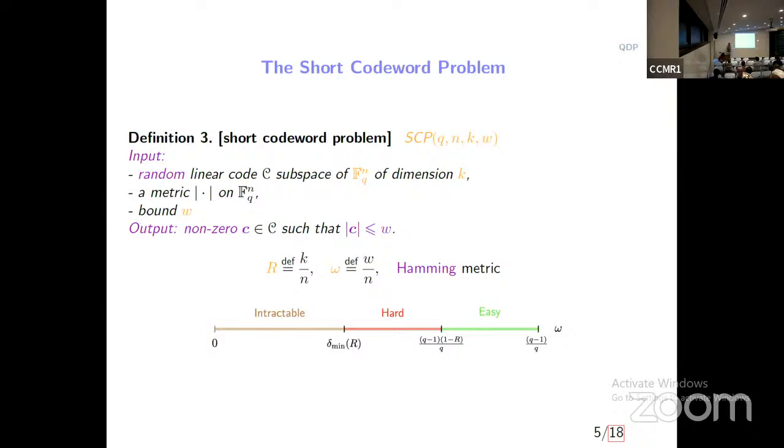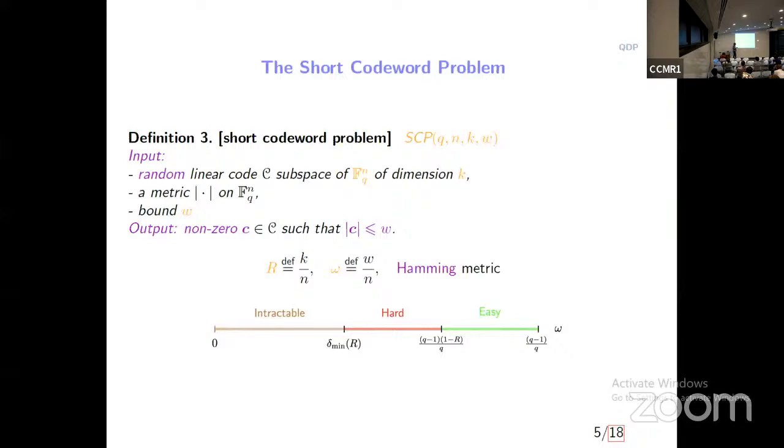By solving this decoding problem in polynomial time, they were able to find low weight codewords in this code according to the infinity metric. I'm interested right now in the Hamming metric, and this problem is also very hard.